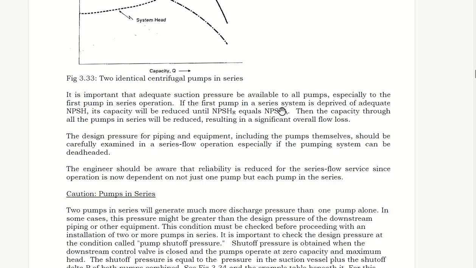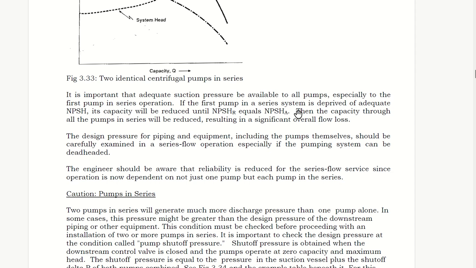If the first pump in a series system is deprived of adequate NPSH, its capacity may be reduced until NPSHR is equal to NPSHA. Then the capacity through all the pumps in series will be reduced, resulting in significant overall flow loss. What this means is that it is important that adequate suction pressure is available to all the pumps.